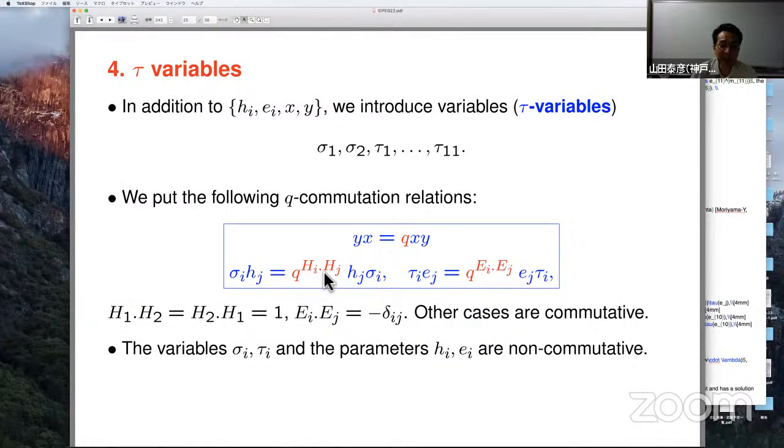Here, Hi.Hj and Ei.Ej are the intersection pairing of the Picard lattice, or more explicitly, they are given by this inner product. The other cases are commutative. Please note that previously the parameters were central elements, but in this situation, they are non-commutative with respect to the variables sigma and tau.